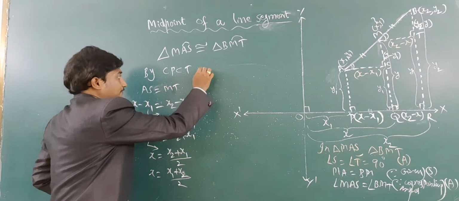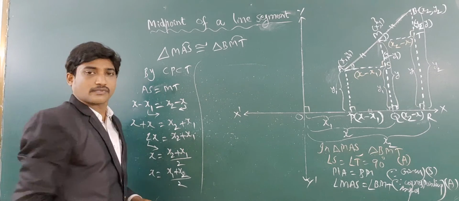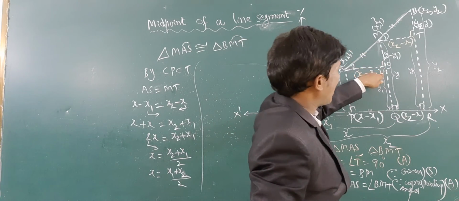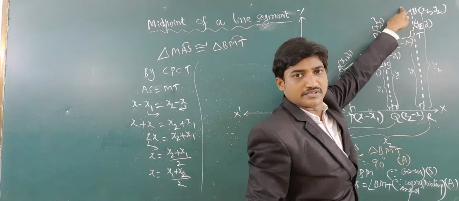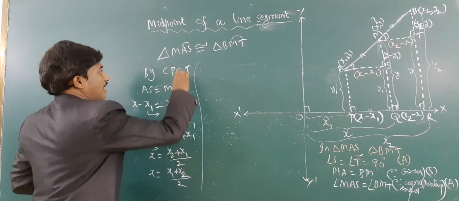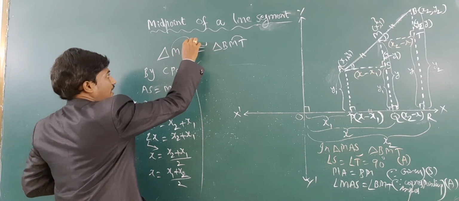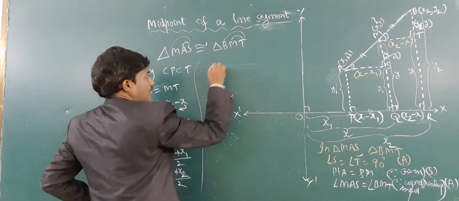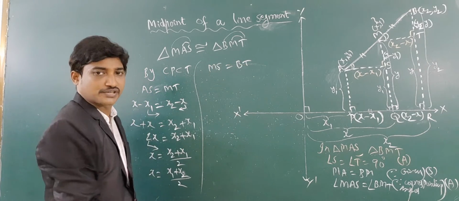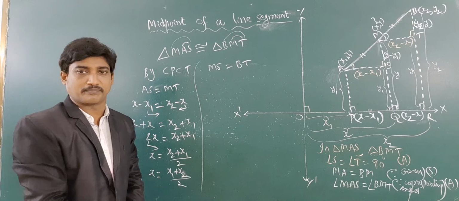On the other hand, MS and BT are also corresponding sides. MS is equal to BT, since corresponding parts of congruent triangles are equal.